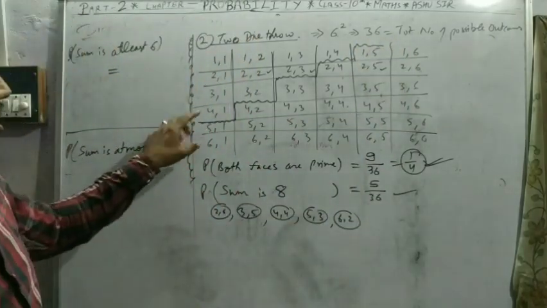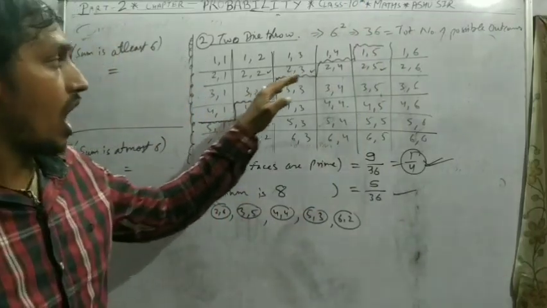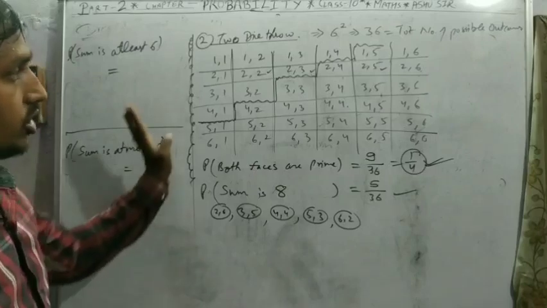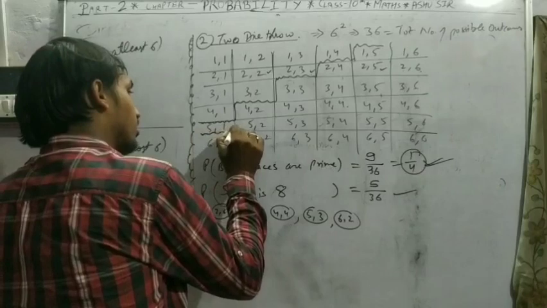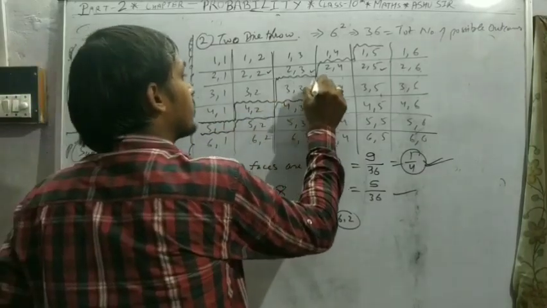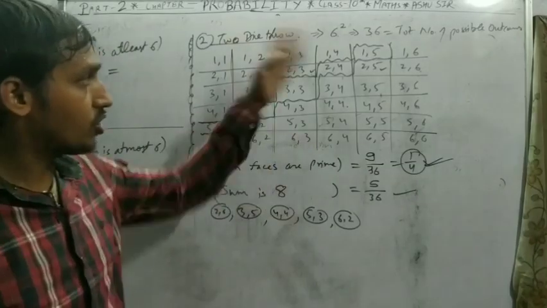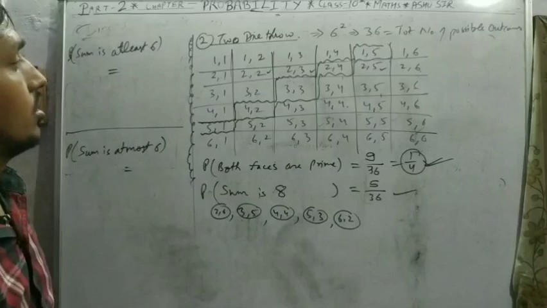These are the curved lines. Below all the numbers are either 6 or more than 6. You see, these lines are the 6 numbers, that sum is 6. So after this all the numbers have sum more than 6. So how many total numbers? Count them.